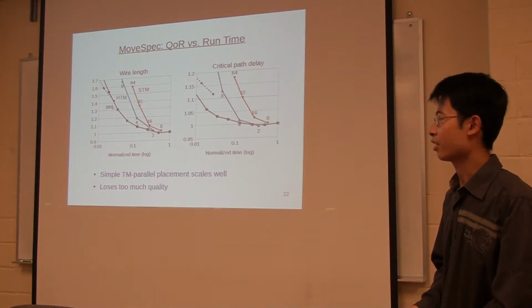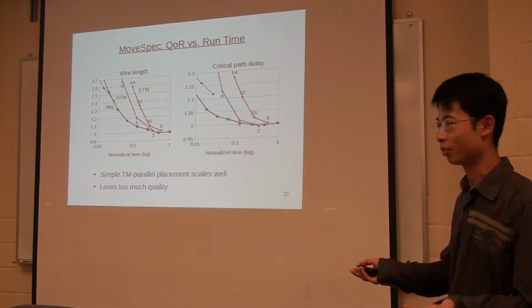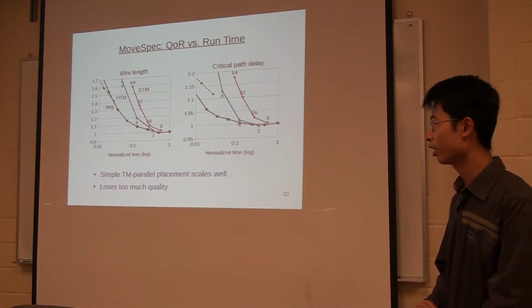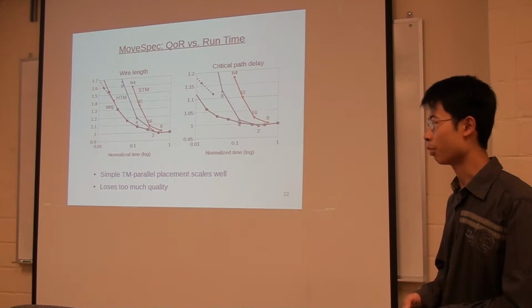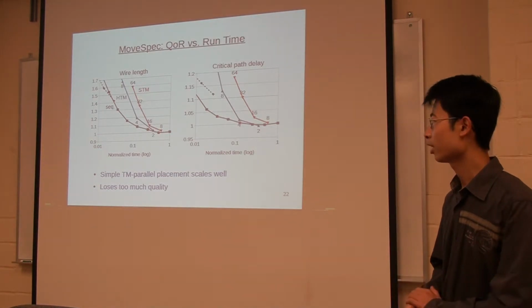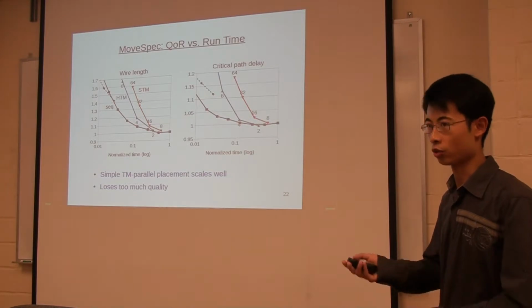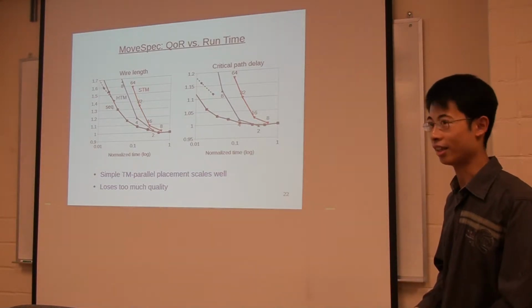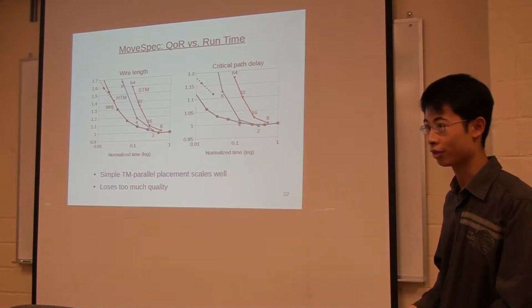The conclusion we get from looking at both implementations of move speculation is that taking this simple approach to parallelize placement with TM gives us good scaling, good speed up, I should say, but it loses too much quality, and it can't do better than the sequential algorithm with lower effort.